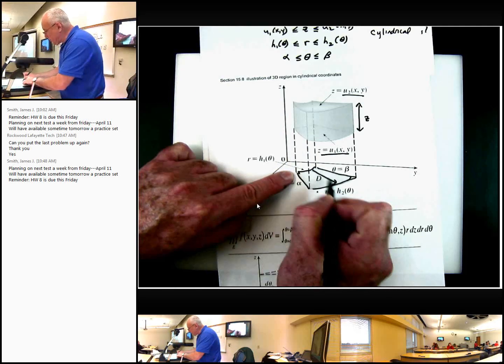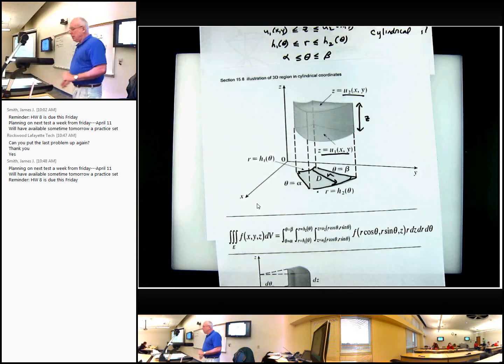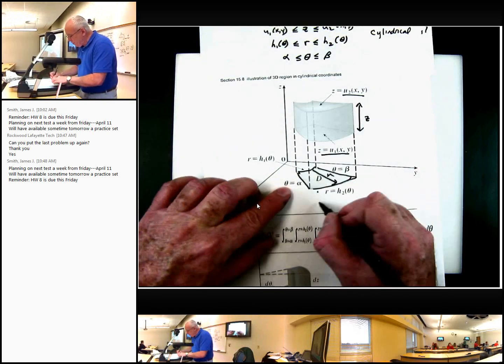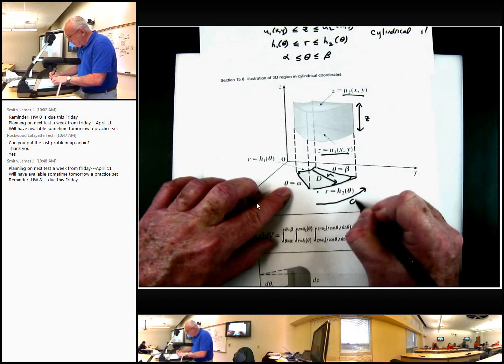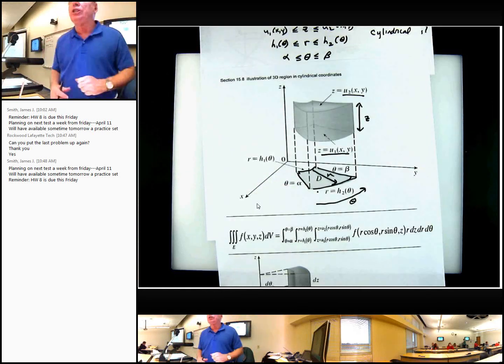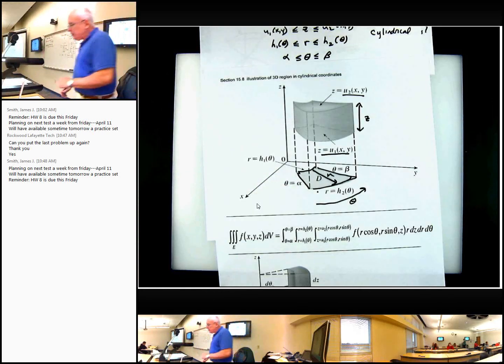So r goes out that way. And then for theta, we have a wedge here. Theta is going from alpha to beta on our shadow of our region. So that's what this looks like.